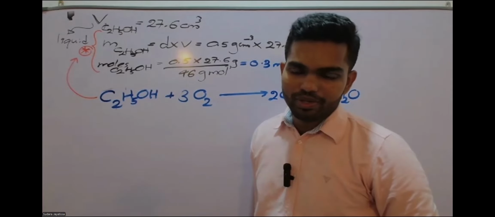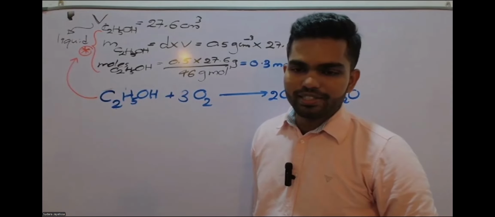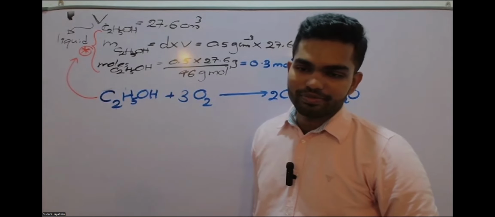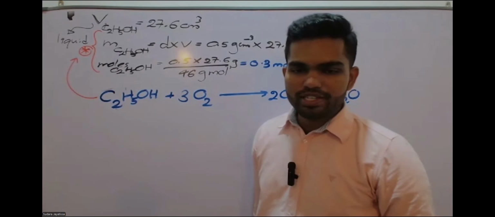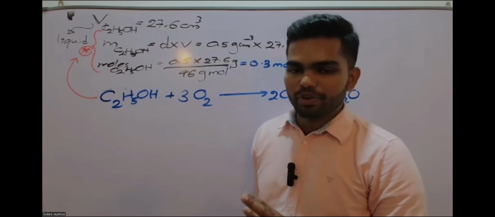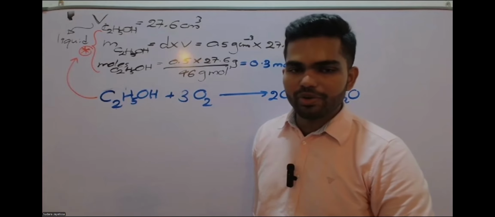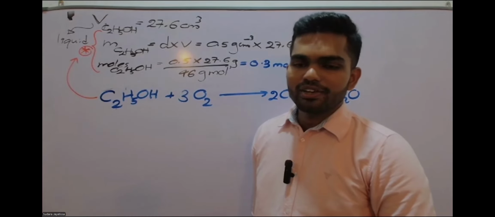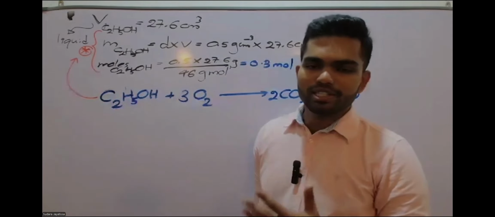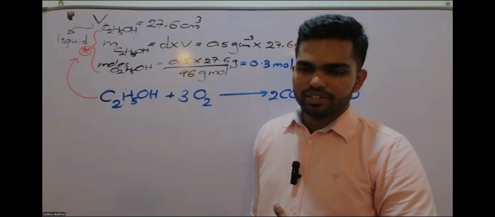The molar volume formula I taught you in class is applicable only for gases. If it is a gas, then you can divide by the molar volume and get the number of moles. So you can't use the molar volume formula because it is not a gas. Is that clear?